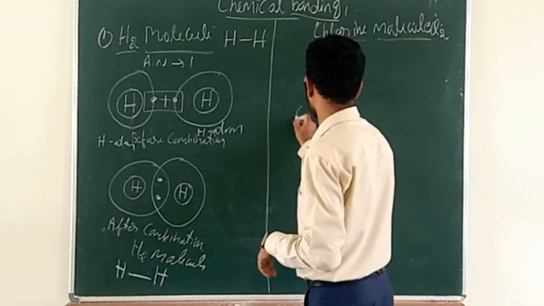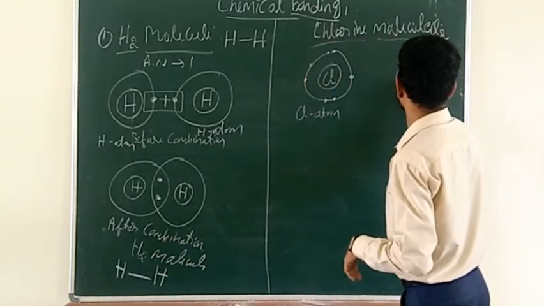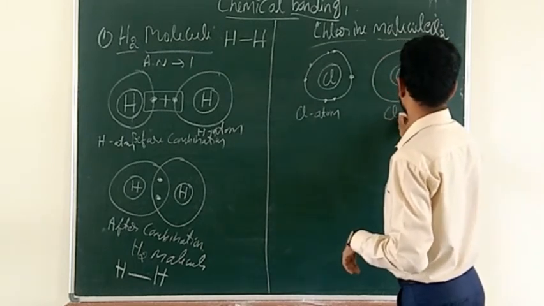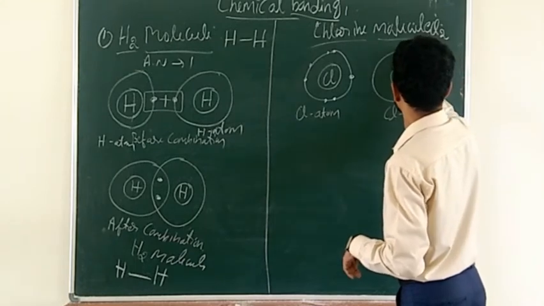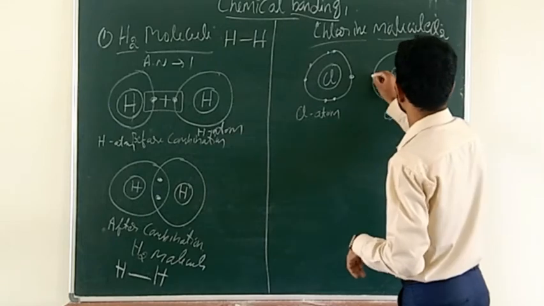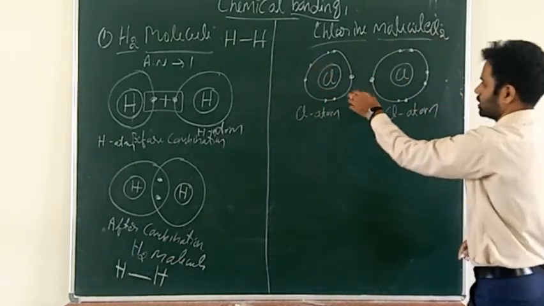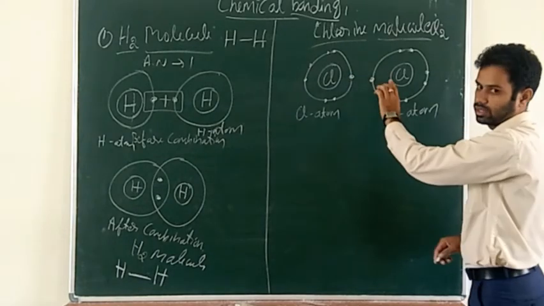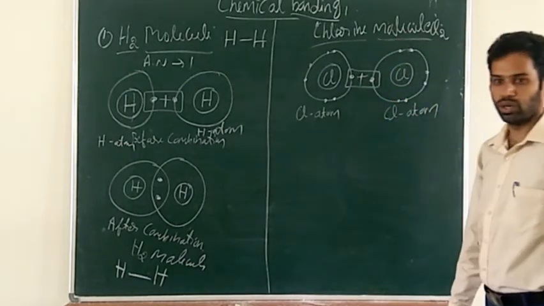This is one chlorine atom. Similarly, this is also a chlorine atom. So here also 6. These are paired, and the single electron is there now, the 7th electron, it is going to combine.